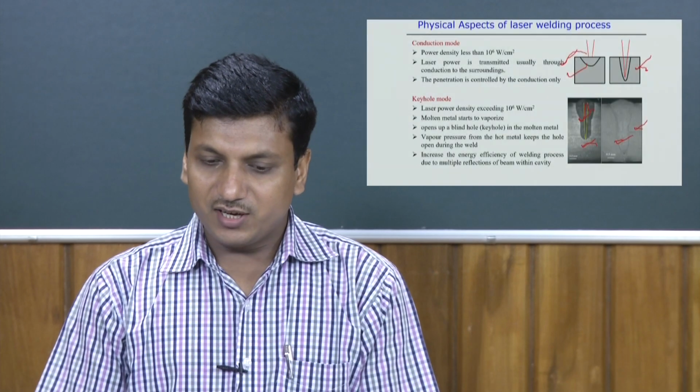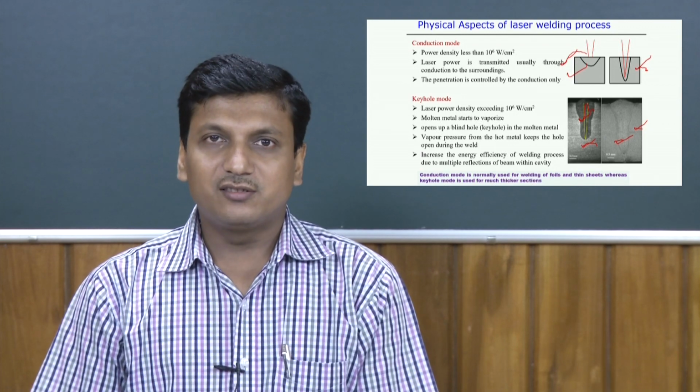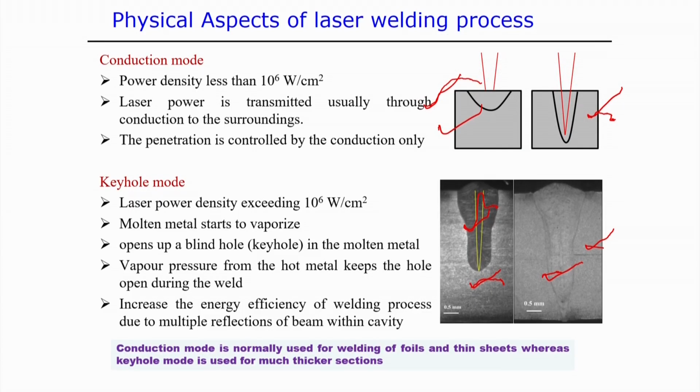But for micro welding, conduction mode is normally used, because in micro welding we handle very thin sheets, maybe less than 500 micrometer or around 100 micrometer. So, in that case there is probably no requirement of the keyhole mode laser welding process.